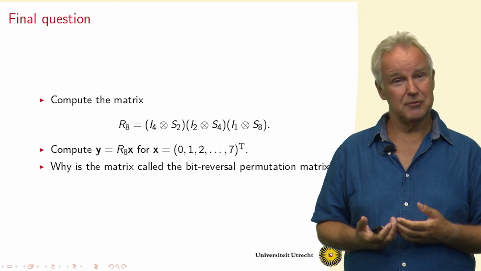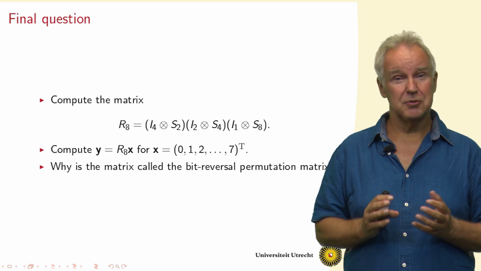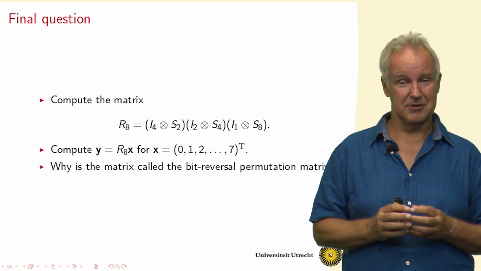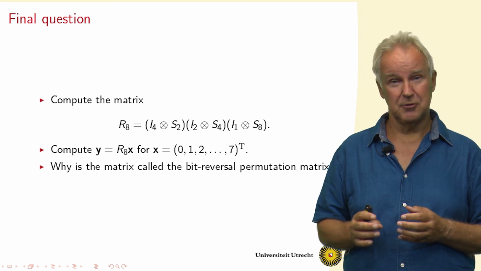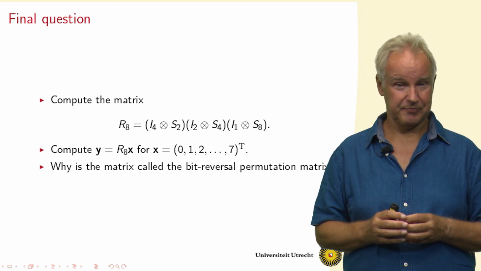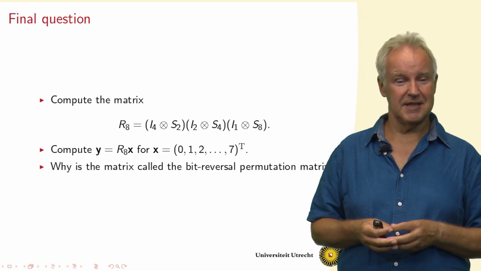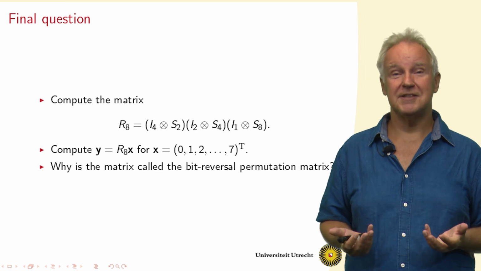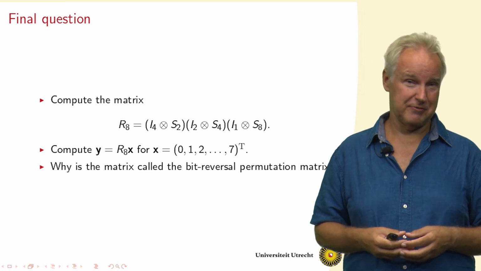And then, once you've computed that, you should multiply it with a special vector x, namely the vector x which is 0, 1, 2, 3 up to 7. This will give you some insight. And maybe you can then answer the question, why is this matrix called the bit reversal matrix?